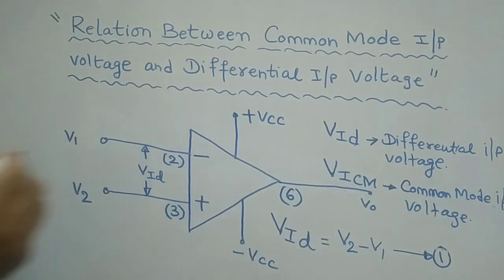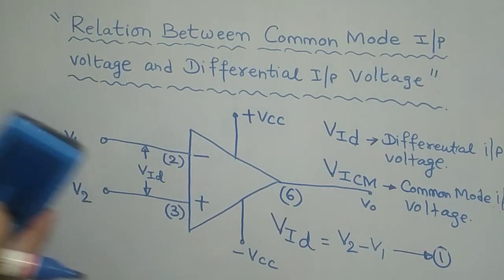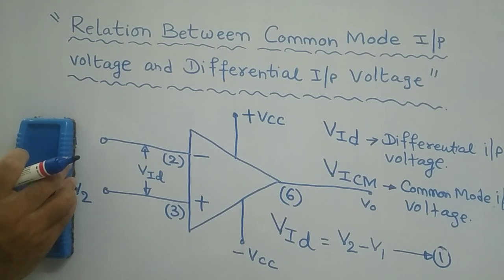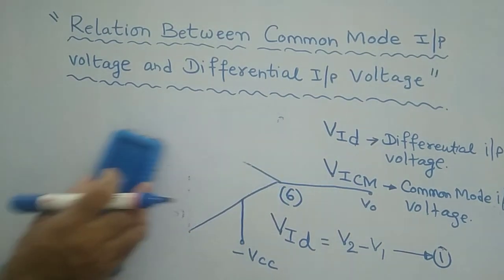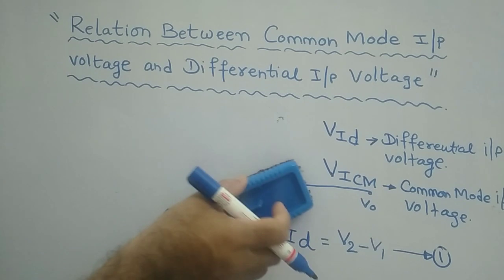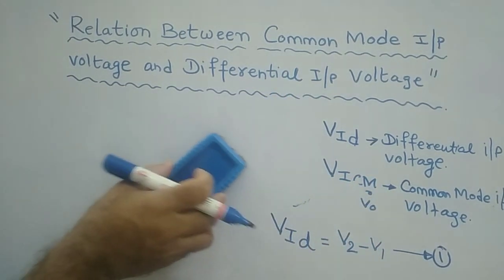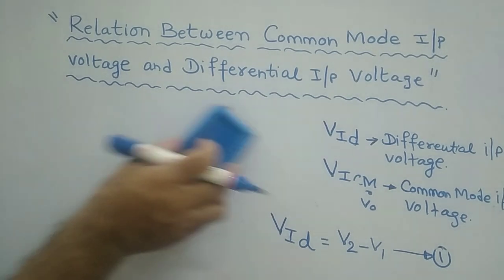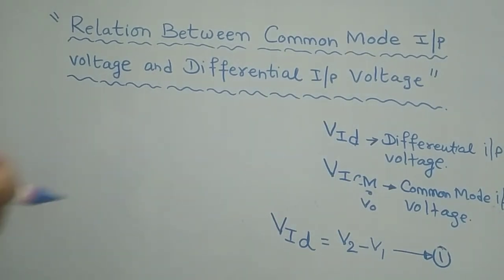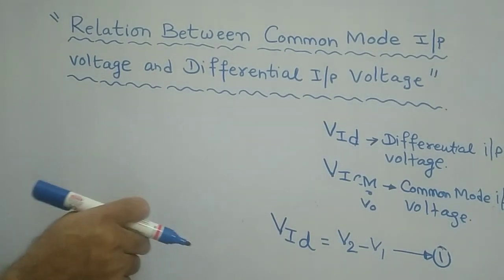So what is the expression? I think this diagram is not required, I will erase it now because the expressions are important. We need the expressions for VID and VICM. Those two are the very important equations obtained from this diagram.